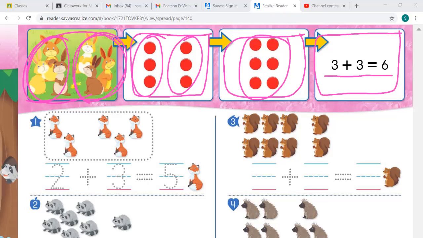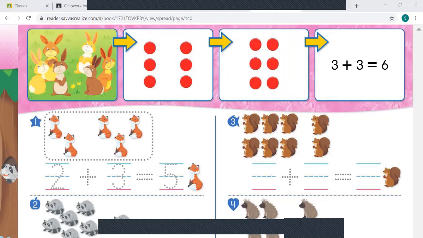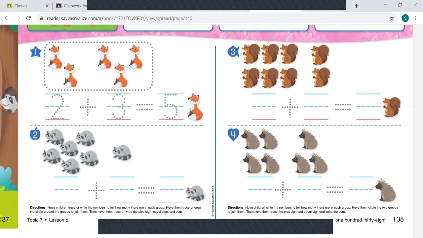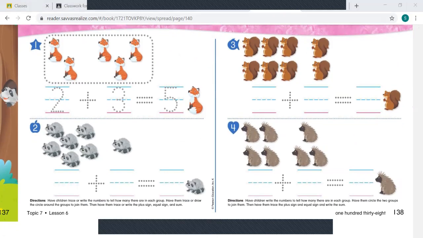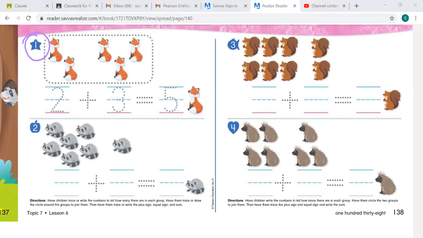All right, let's go to our first problem. Go to number 1, right here. So it says trace or write the numbers to tell how many there are in each group. You're going to trace or draw a circle around the groups to join them.